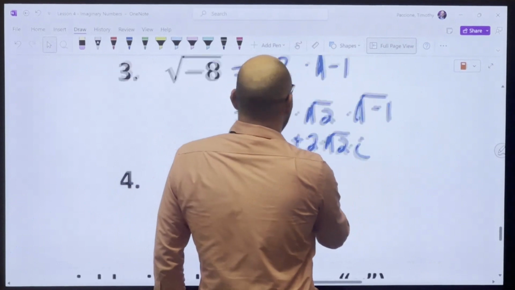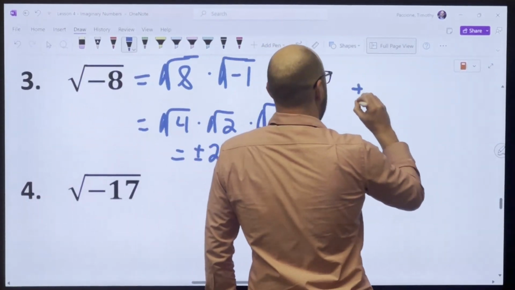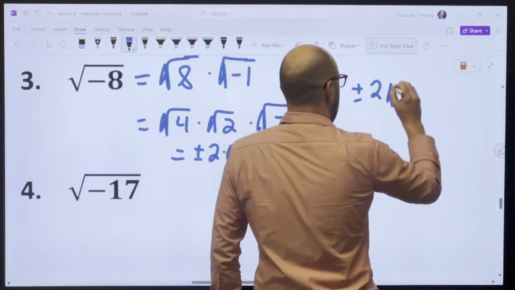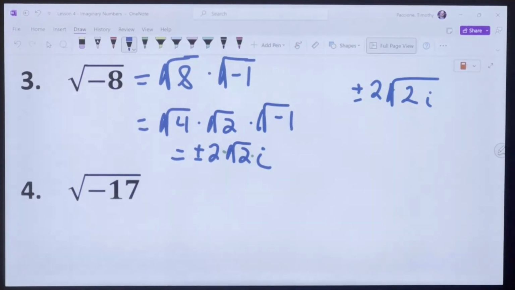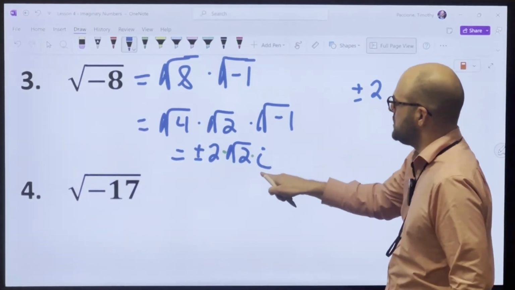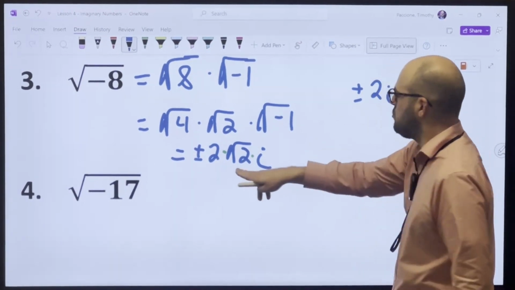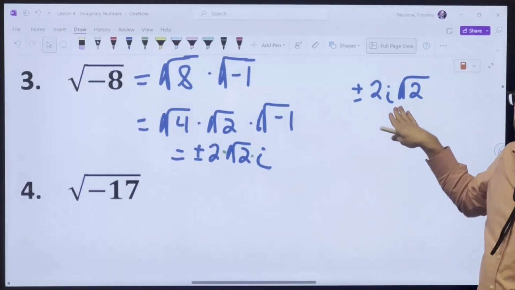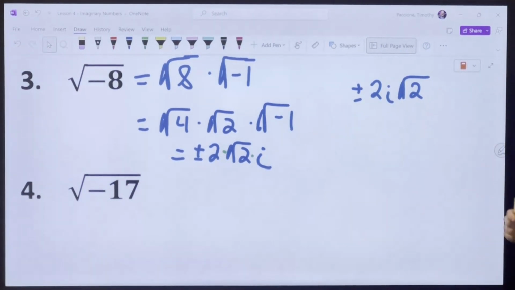Because a lot of times students write this and it looks like plus or minus 2, and then they make a big old square root, and then they write 2i, and it looks like they're square rooting the i too. You don't want it to look like that. A way to protect against that is just put the i in the front. This isn't wrong, but this is clearer, okay? If you move the i out front: plus or minus 2i square root of 2.